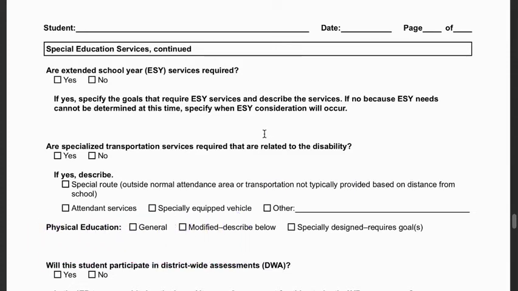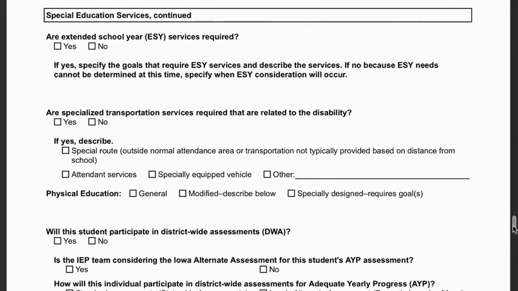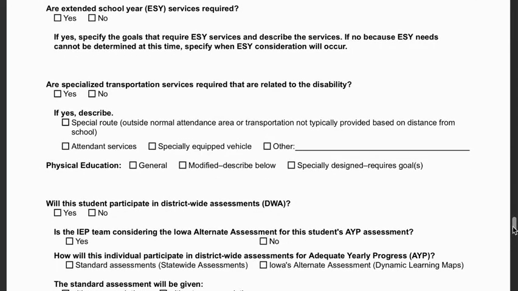Does the person qualify for specialized transportation or special school? All the kids that come to Karen Acres or any other school in the district are not at a special school.